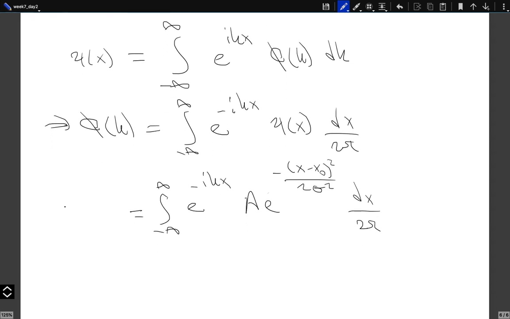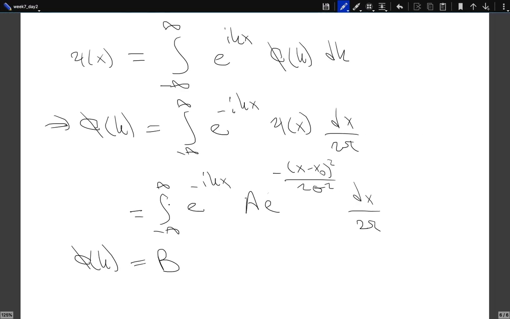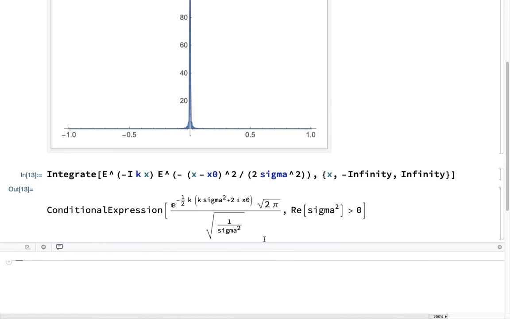So essentially, phi of k will be some constant b. It will depend on a, k0, k, and x0. Then you have e to the power minus 1/2 k squared sigma squared, and then minus i k x0.